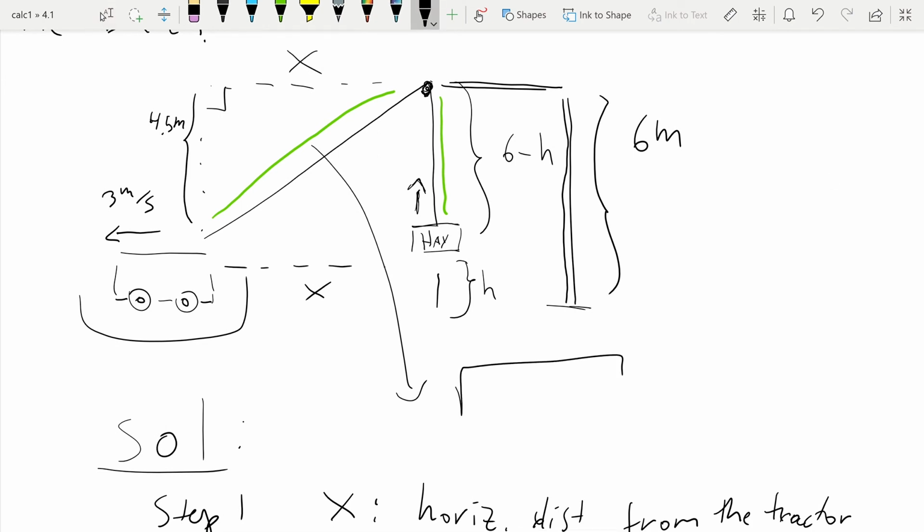This one is just the square root of x squared plus 4.5 squared. And the other one is just 6 minus h.